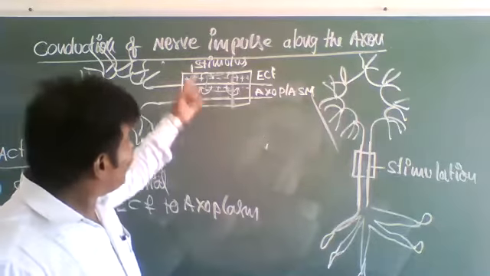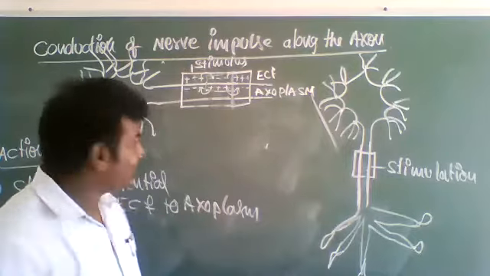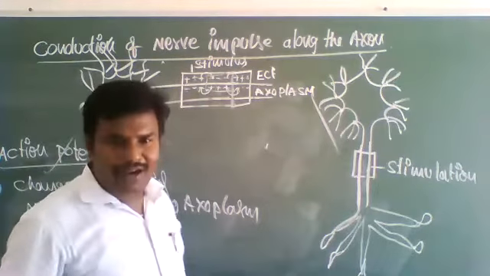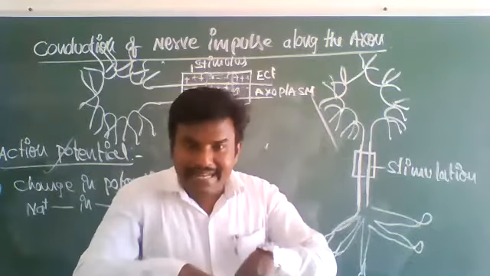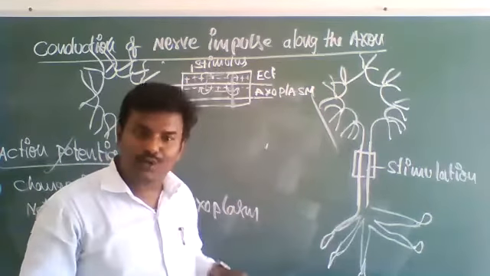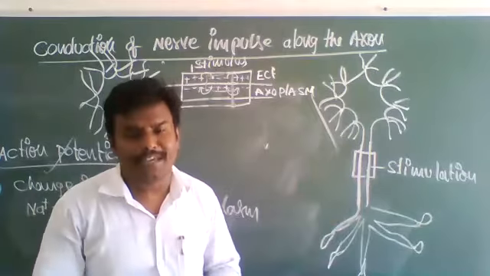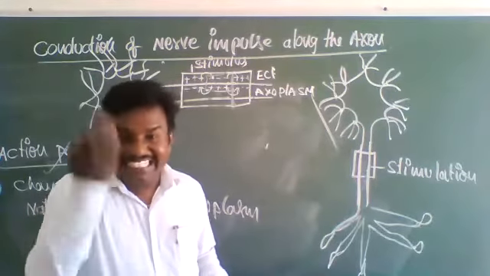How do more and more sodium ions enter from outside to inside? Here, the sodium ion gated channel is opened. In the resting state it was closed. From the resting state, immediately it goes to the excited state.